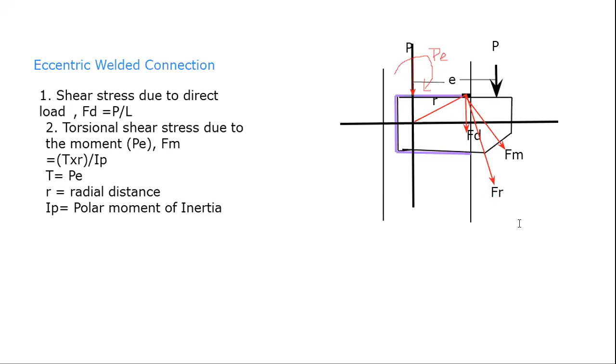So what is my value of FR going to be? My FR will be equal to root over of FD square plus FM square plus twice FD FM cos theta.